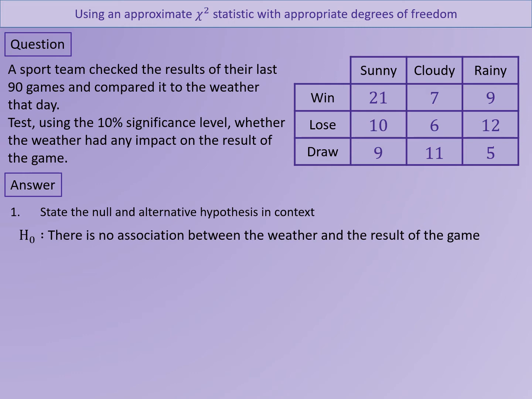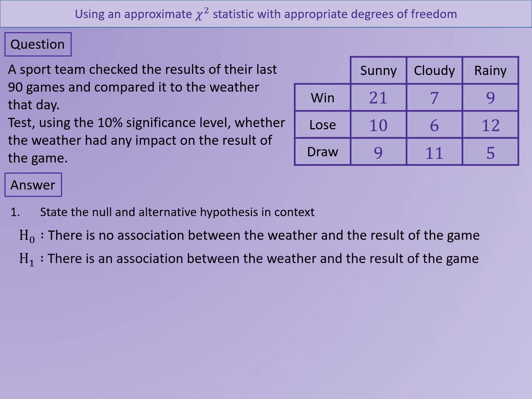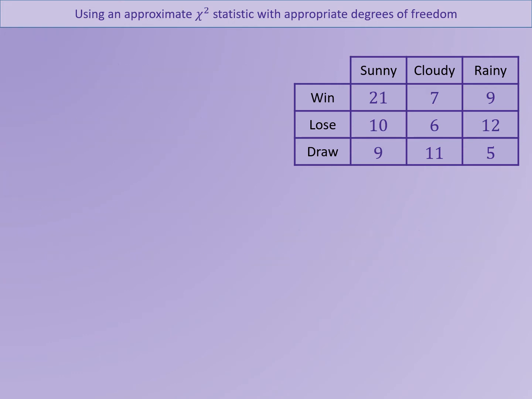So in this case, there is no association between the weather and whether you win, lose or draw the game. The alternative hypothesis is the opposite: that there is an association between the weather and the result in the game. Those two are always the same for these chi-squared tests, so you just need to get used to writing those down straight away.